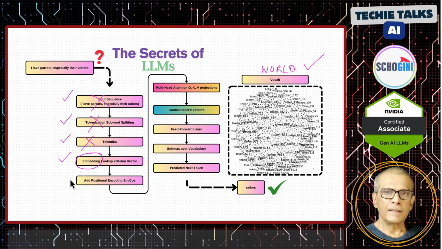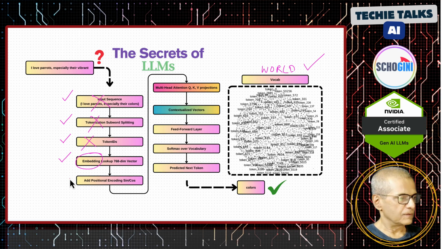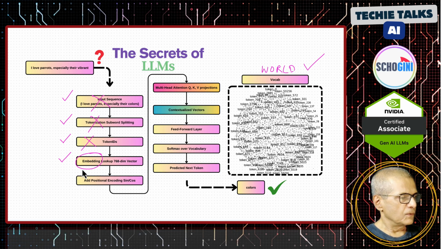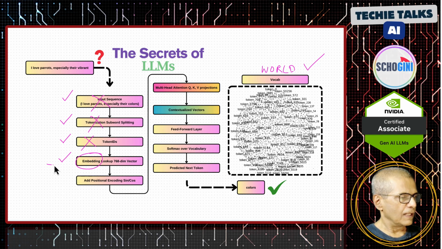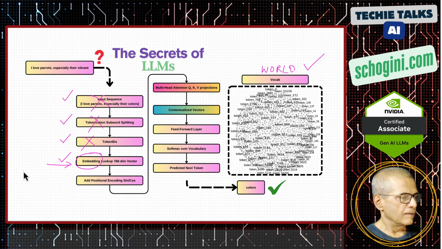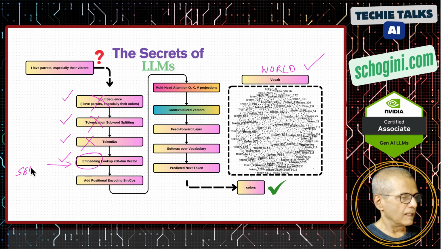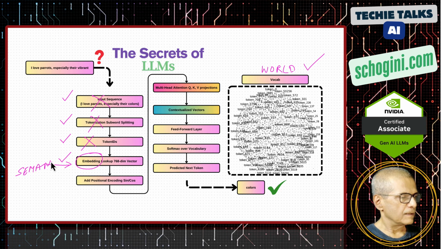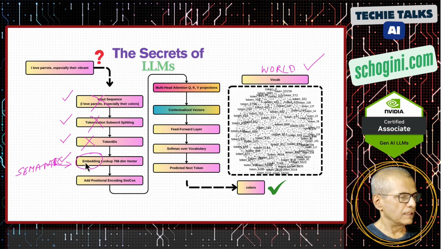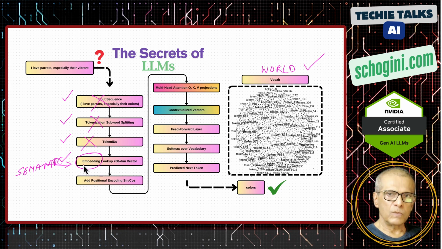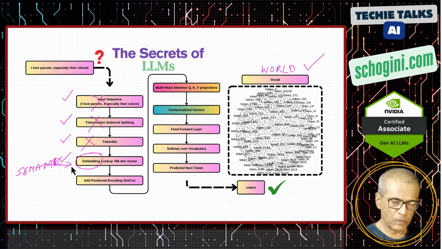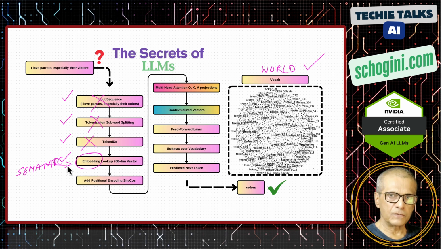Then a very interesting thing happens. That is, you add another number to this. So like I said, here we have added the semantic information. That is, the tokens at this stage will have meaning. Each word will have a meaning attached to it.